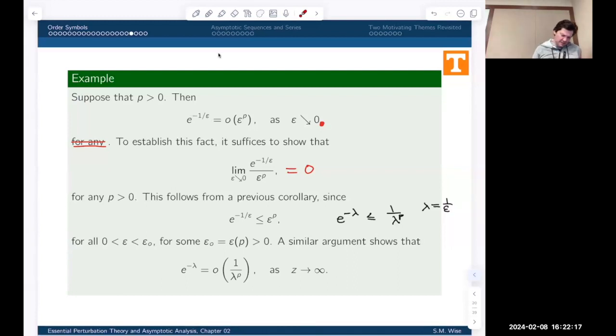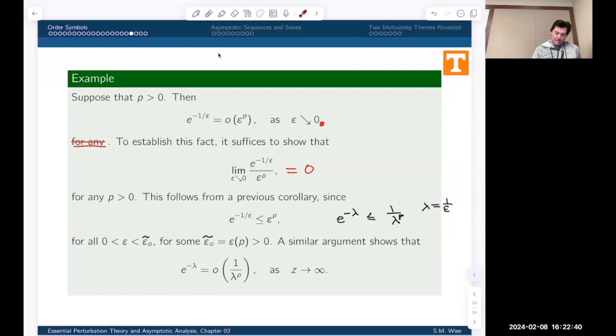That's not a good notation though. I don't like that, epsilon naught, epsilon. Usually that means my limit point. So give that a tilde. That's better. Okay, and a similar argument, so we've shown it.